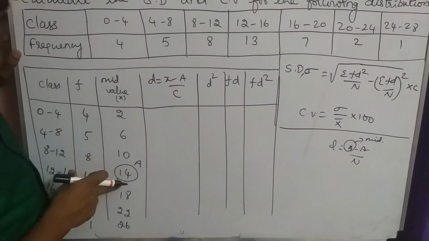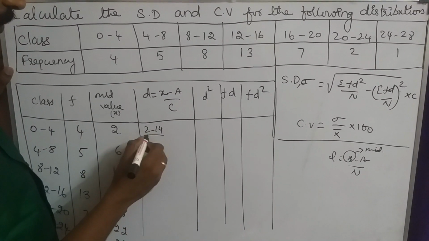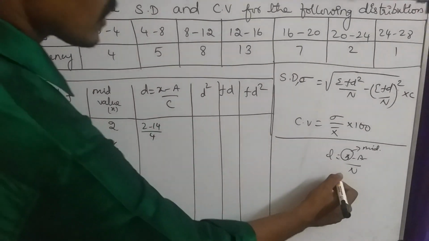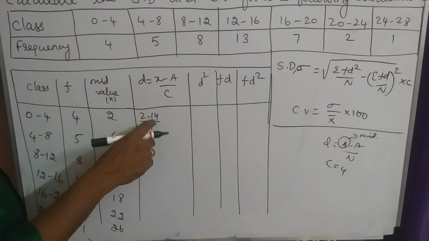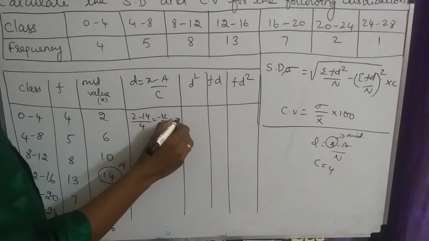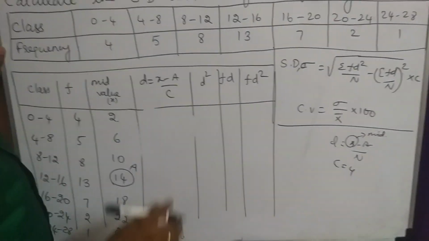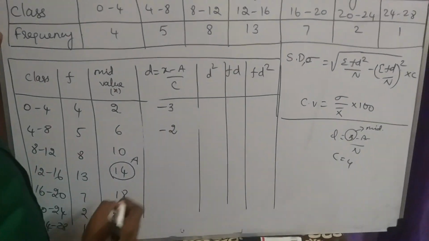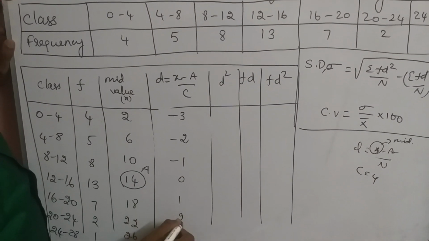So 2 minus 14 is minus 12, divided by 4 is minus 3. The next value is minus 2, then minus 1, 0, 1, 2, 3.